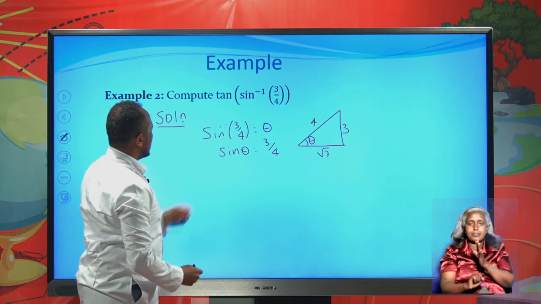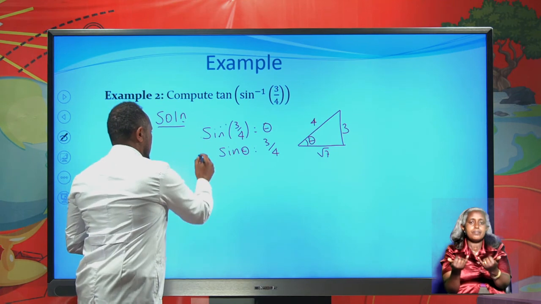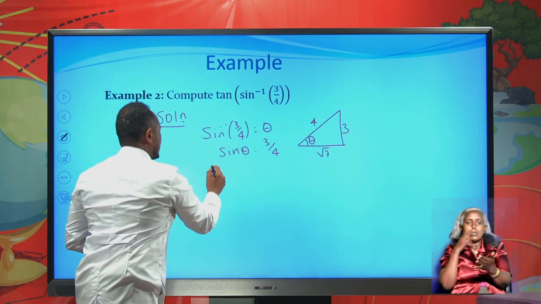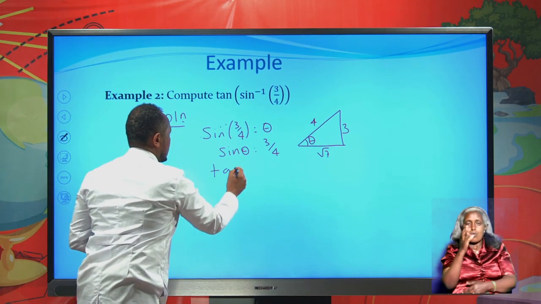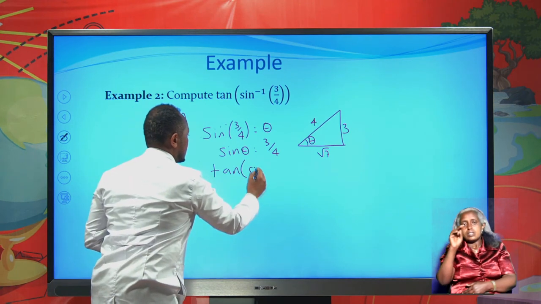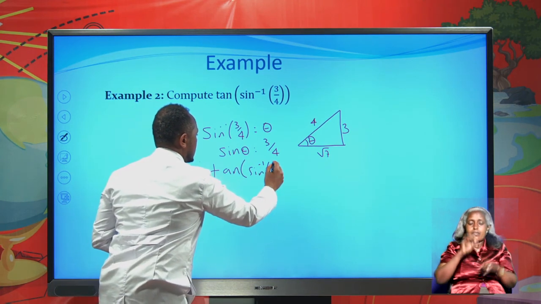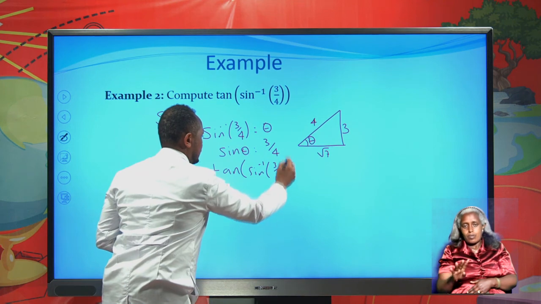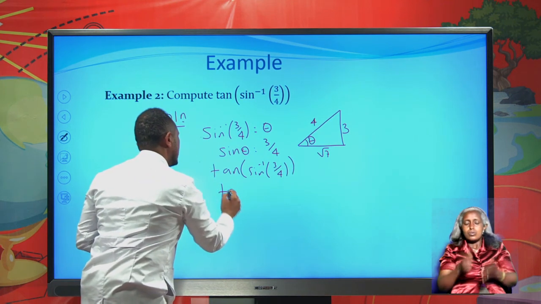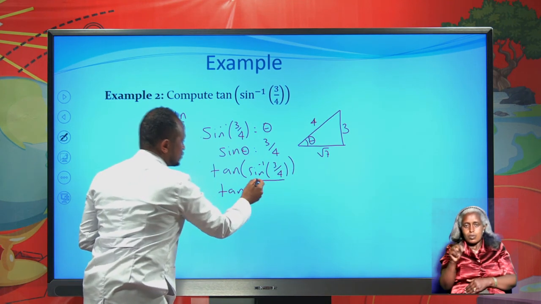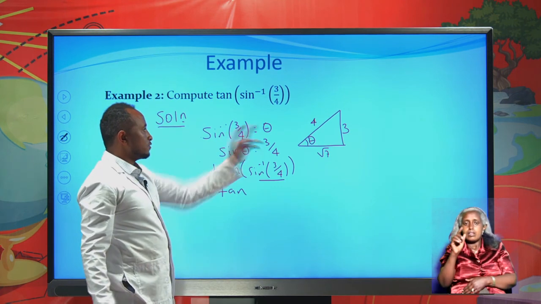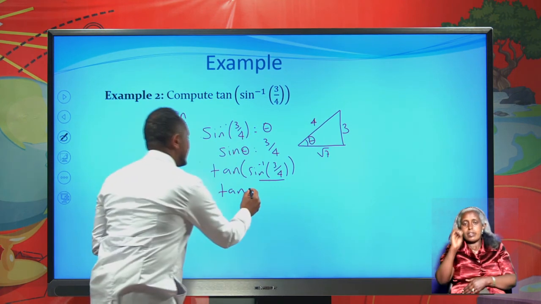So now here we are asked to find this one, tan of sine inverse of 3 over 4. So this equals tan of, we assume this to be theta, sine inverse of 3 over 4 to be theta. So we need to find tan theta.